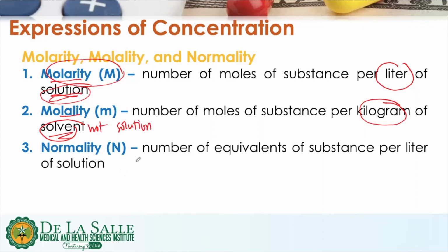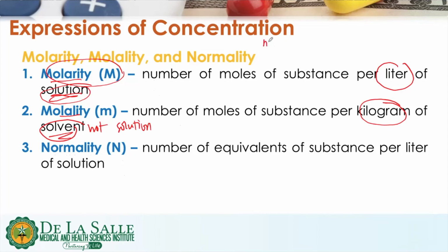Now, normality is defined as the number of equivalents of substance per liter of solution. You will be discussing normality in further detail in your other classes, so we'll focus on molarity and molality this time. So, how do we determine the number of moles?